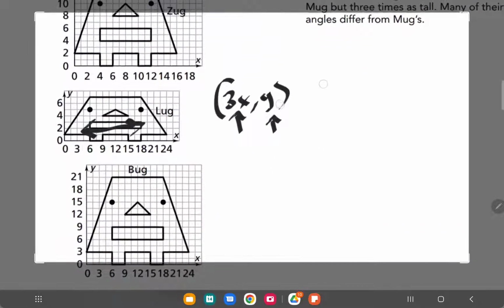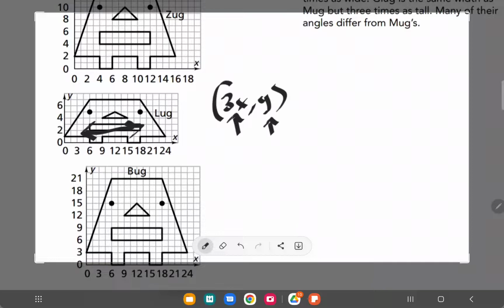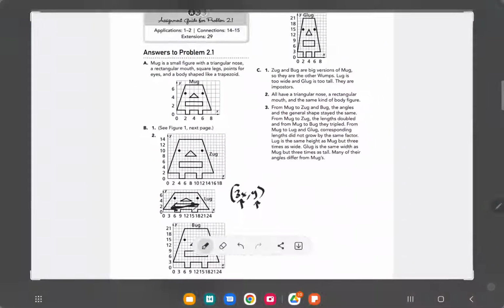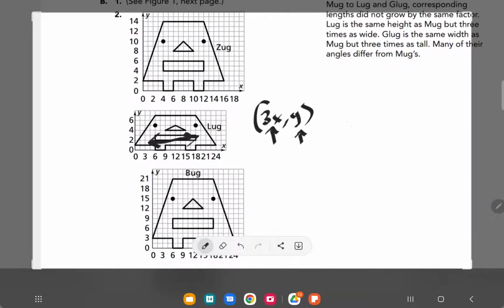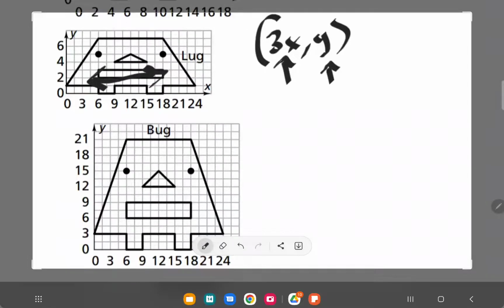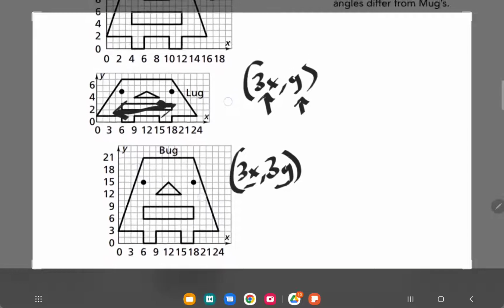Now with Bug, right here, his was (3x, 3y). Now you multiply by 3 on both of them. So that makes Bug 3 times as large all around. 3 times the perimeter, 3 times the side lengths, and he is still similar because he's proportional.